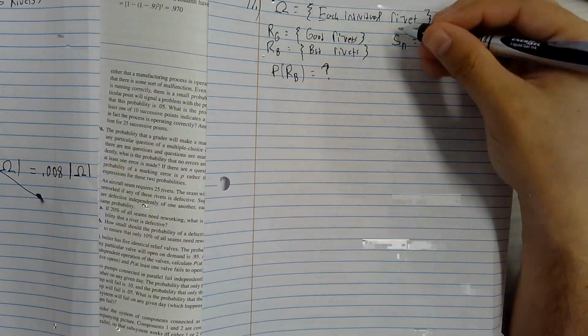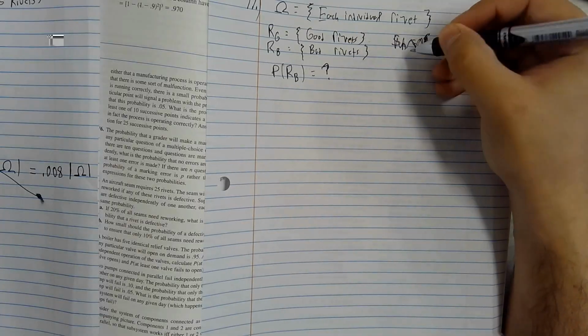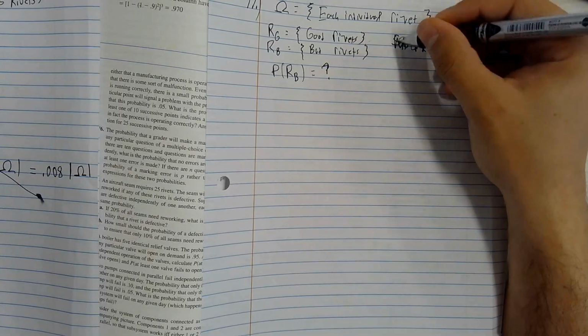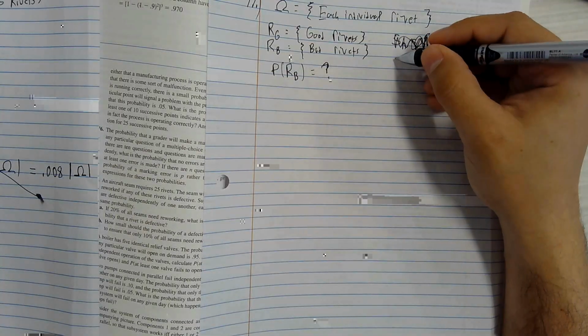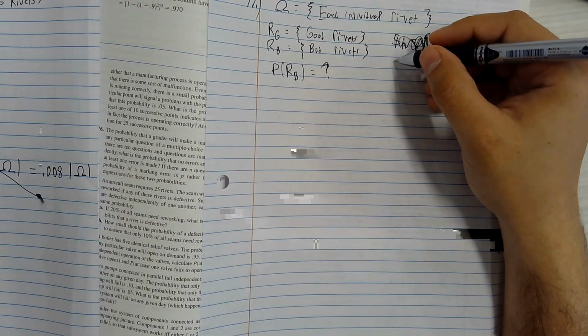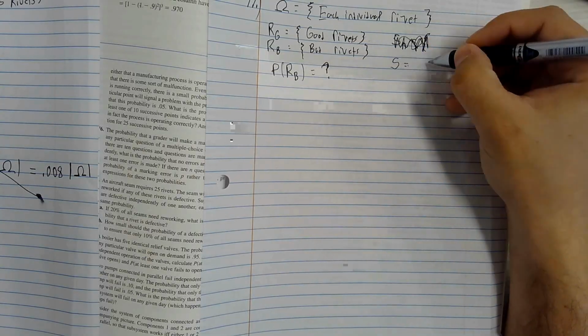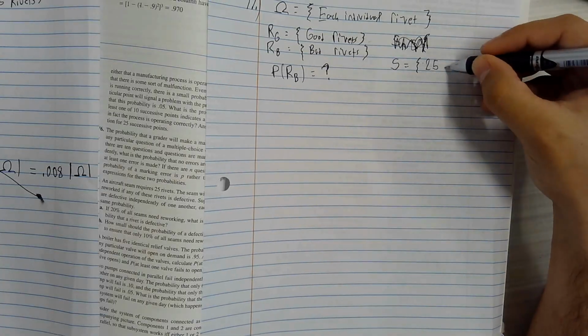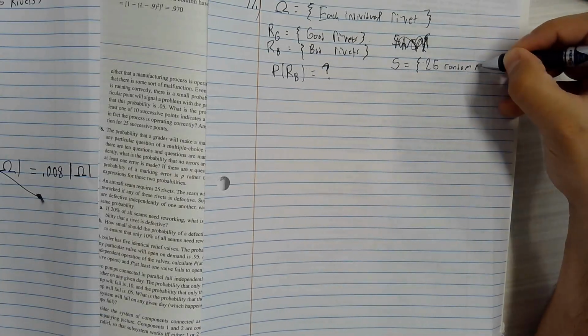What if the experiment is, what if we approach it as: we have S, and this pulls out 25 random rivets.